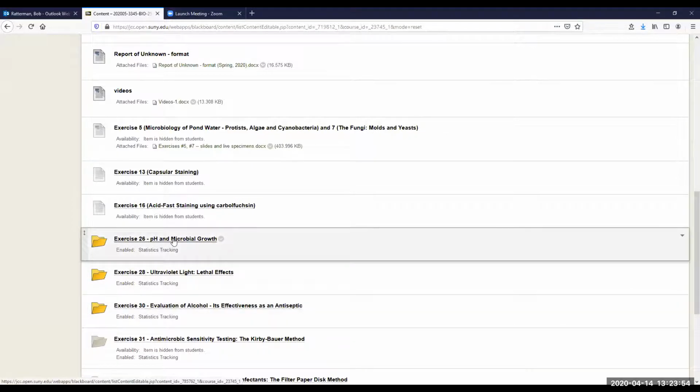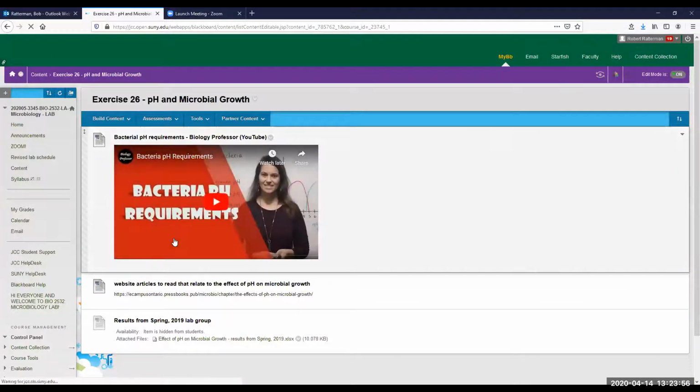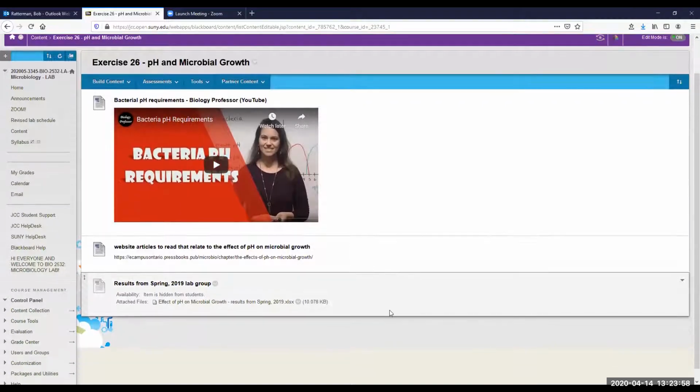So for example, 26, which is the effect of pH, it would be helpful to look over the procedure that we would have done had we met in lab. It's very short, about 1.25 pages long.